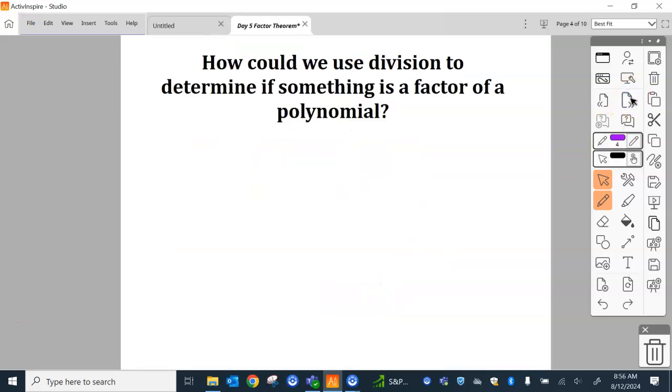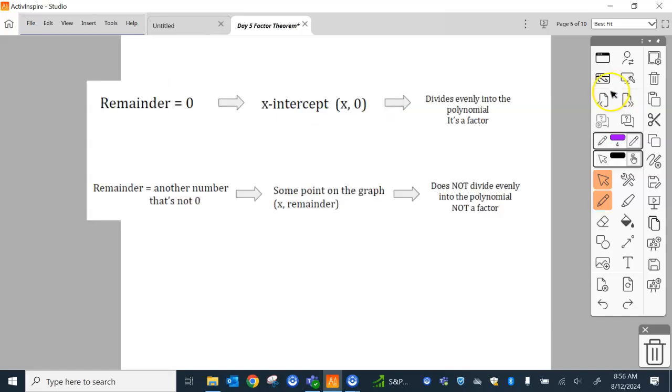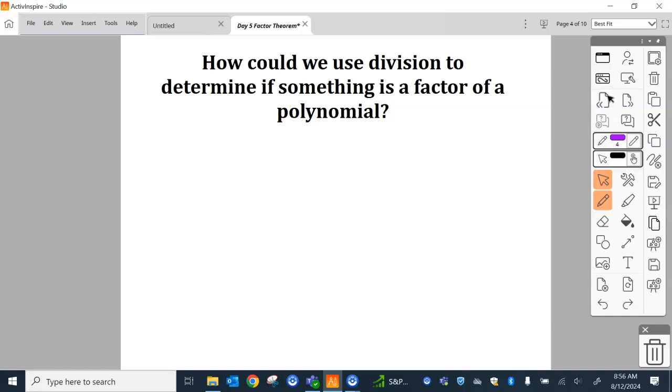And we're going to see how that comes into play for the factor theorem. So, how can we use division to determine if something is a factor of a polynomial? All right, stop and pause and definitely make sure you write this down.